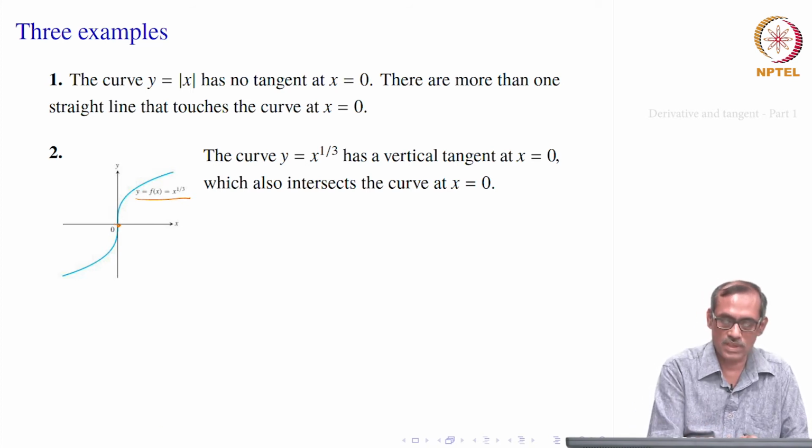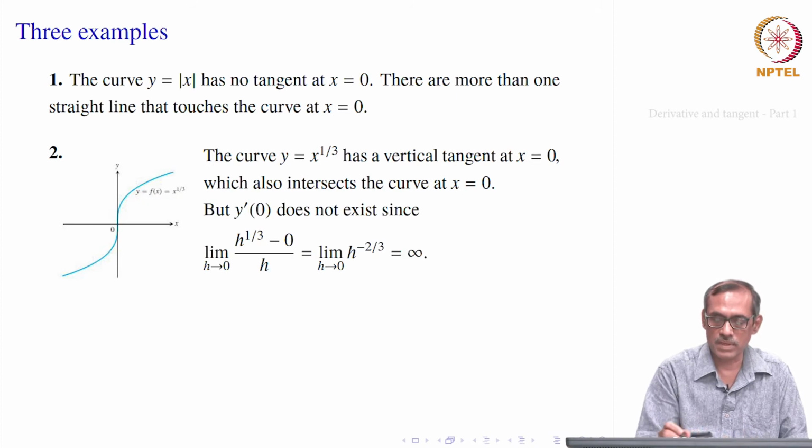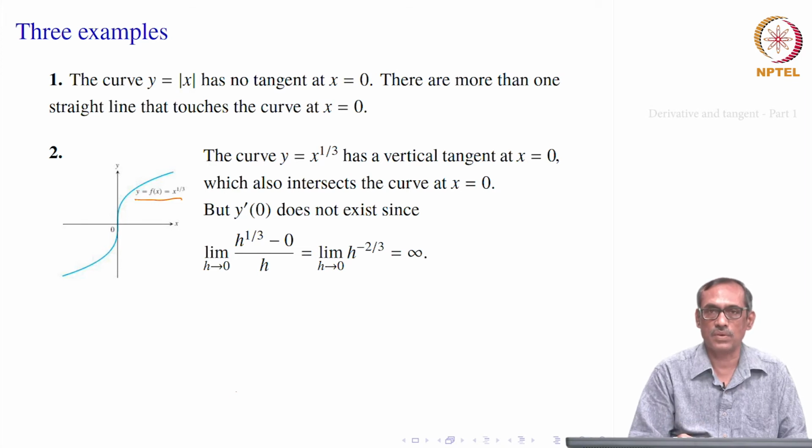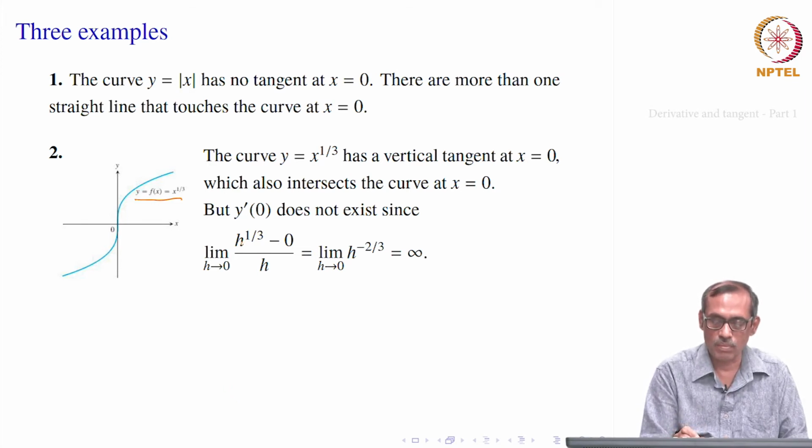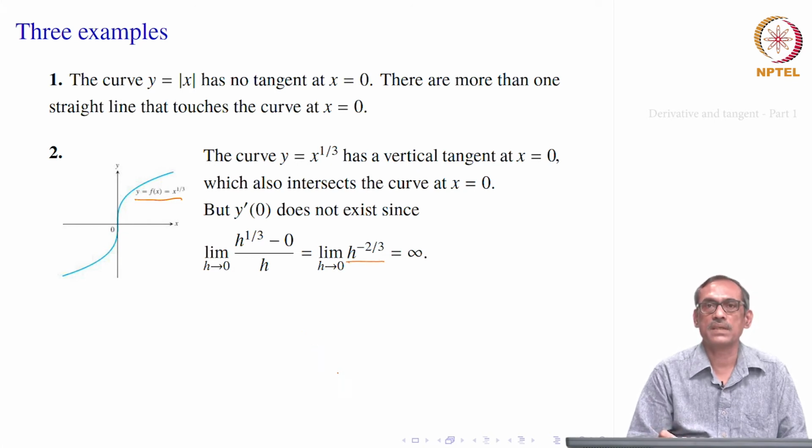Okay. So, this is one type of thing, but here something else happens. If you take the derivative of this function, it does not exist at 0. Why? The derivative will be f of 0 plus h, which is h to the power 1 by 3, minus f of 0, which is 0, divided by h. So, that gives h to the power minus 2 by 3, whose limit does not exist.